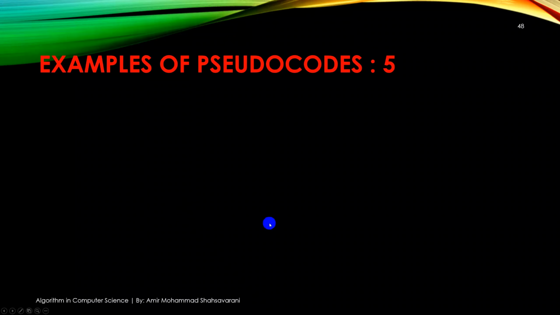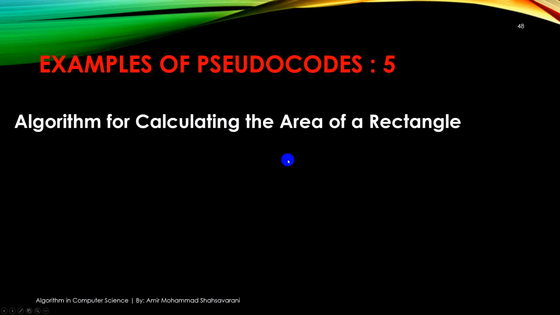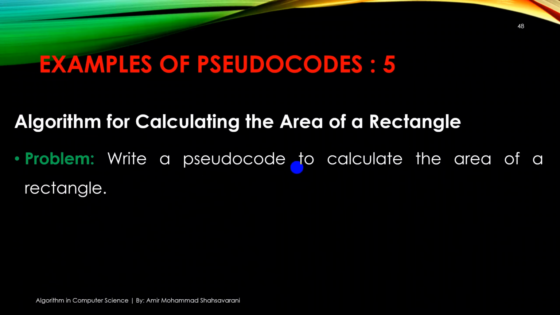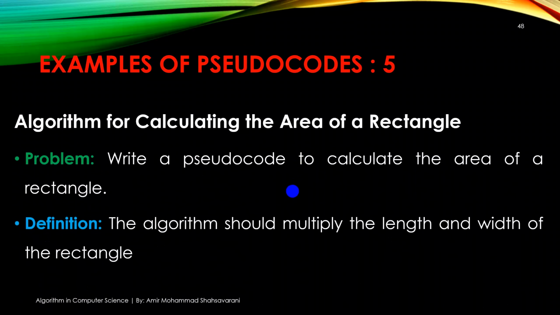Our fifth example of pseudocoding: an algorithm for calculating the area of a rectangle. In order to do so, we shall write a pseudocode to calculate the area of a rectangle. The algorithm should multiply the length and width of a given rectangle.